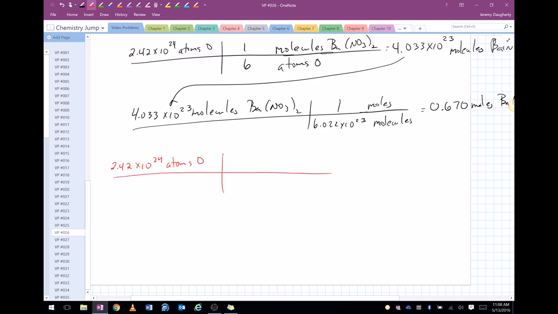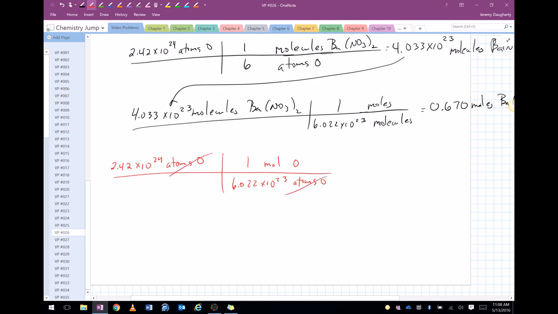And this time, let's go ahead and switch this to moles of oxygen. Sure, we can switch that to moles of oxygen, right? So for every 1 mole of oxygen, there are 6.022 times 10 to the 23rd atoms of oxygen.